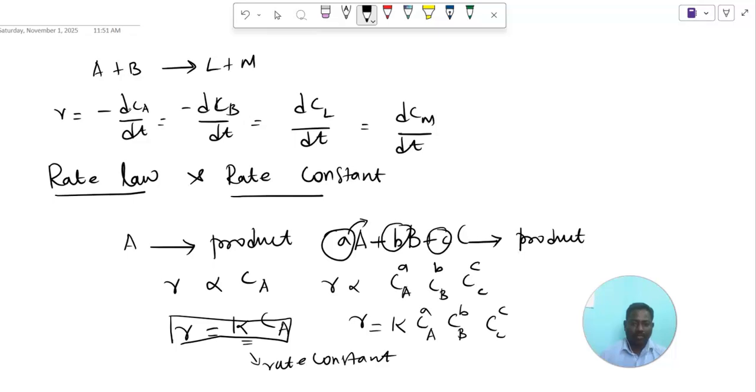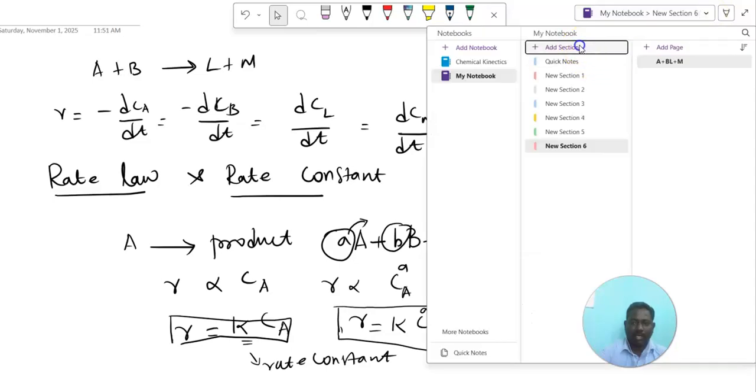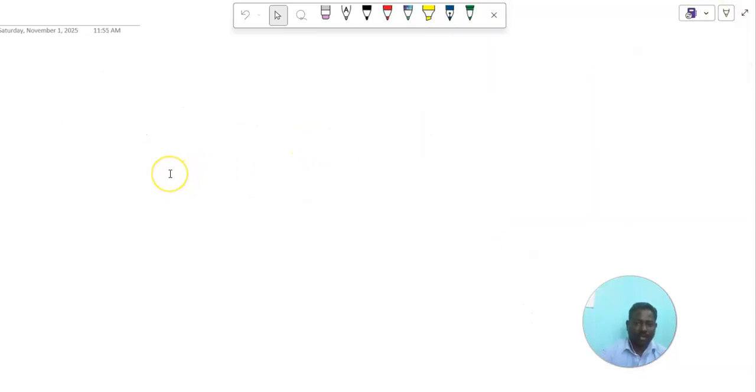So this is rate law, this is the rate law for this particular reaction, right? And here K is nothing but rate constant. So from the earlier reaction, it is easy to understand the order of the reaction.